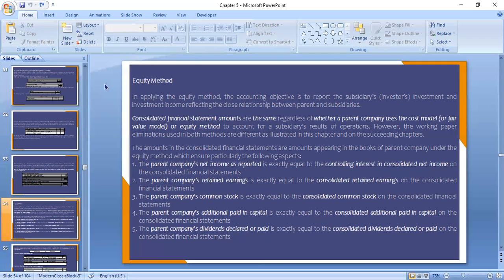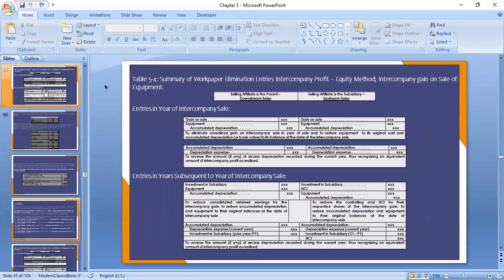Now the amounts in the consolidated financial statements are amounts appearing in the books of the parent under the equity method, which ensure particularly the following aspects. So these are very, very important guides in connection with the use of the equity method.